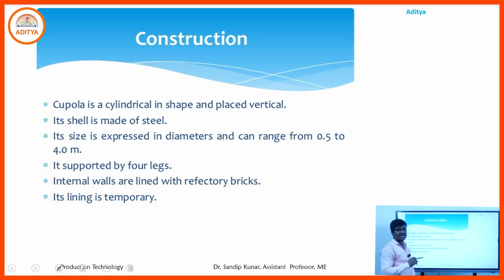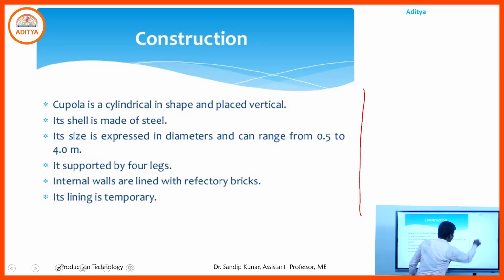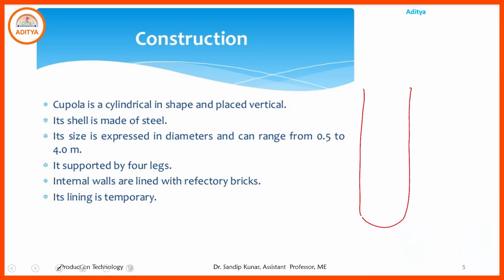Construction of the cupola furnace. The cupola furnace is cylindrical in shape and is kept vertical. The shell of the cupola furnace is made of steel. We know steel is a corrosion resistant material, so it does not form any oxides.